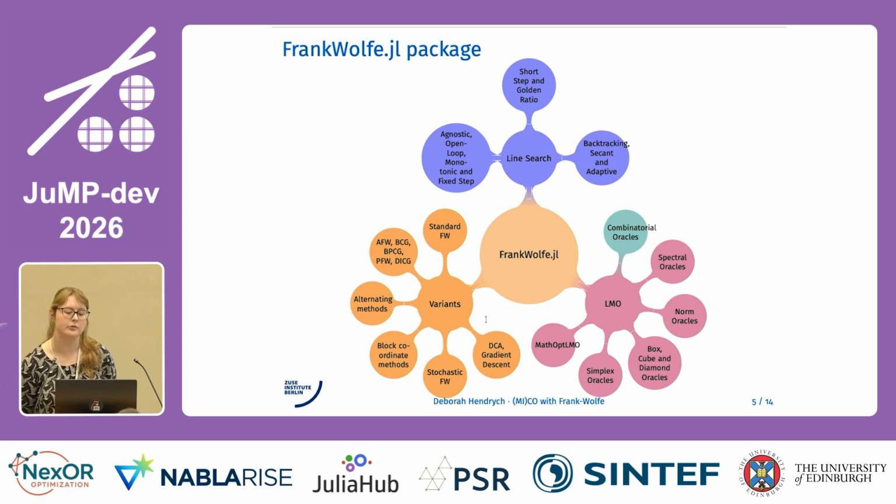So, for example, the short step line search requires the Lipschitz constant of the gradient. And then backtracking, secant, and adaptive are actually doing a proper line search. In particular, secant is very good for quadratic objective functions. And so secant is now the default line search, especially for all of these active set-based methods.